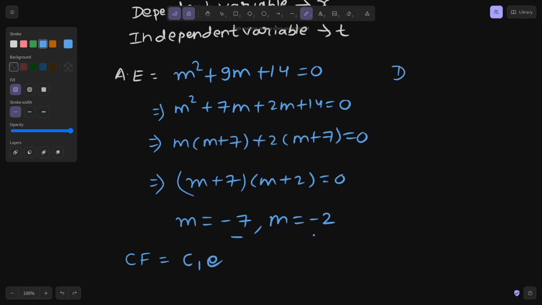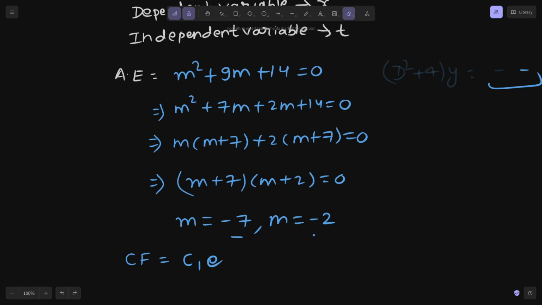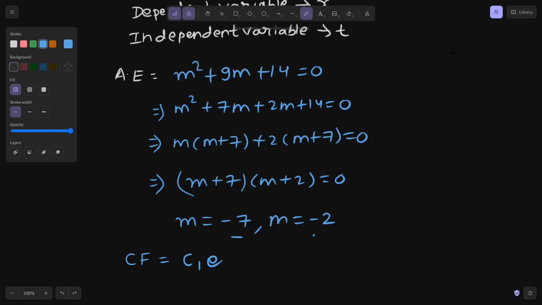Because there also, in a problem like D square plus 4y equals something, you used to take C1 e power mx, because x would have been the independent variable in that case. Here, t is the independent variable, so in place of x, t will come. So plus second constant, e power minus 2t. I hope it's clear to you.